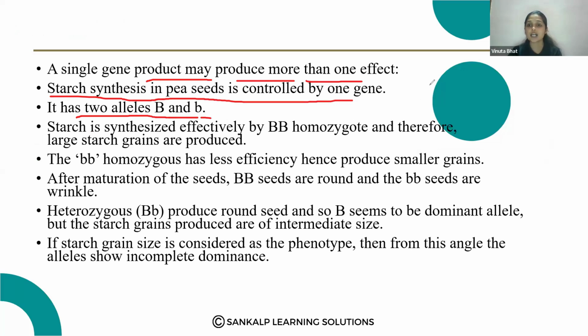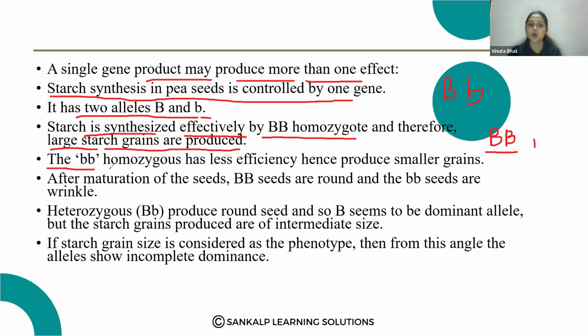Starch is synthesized effectively by the BB homozygous condition, and large starch grains are produced in the pea seed.